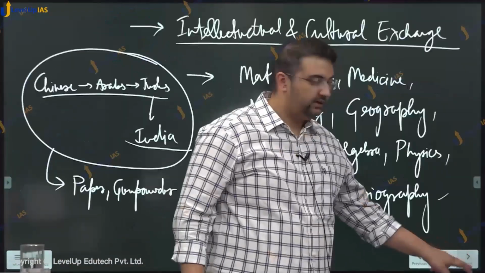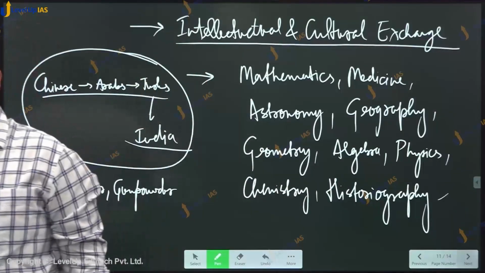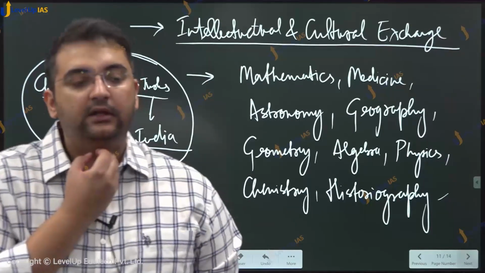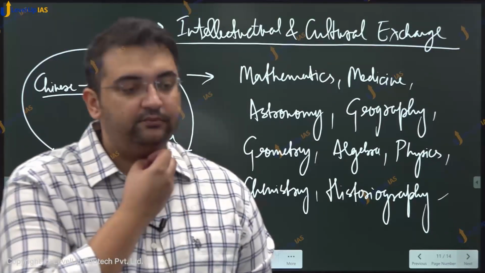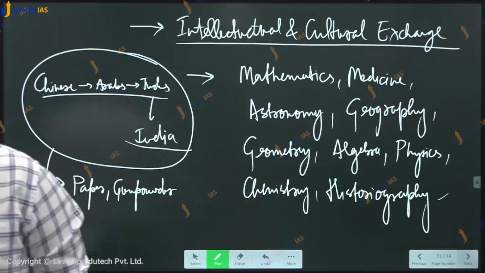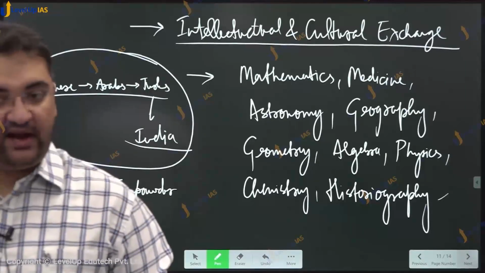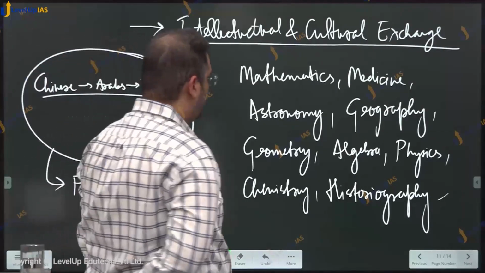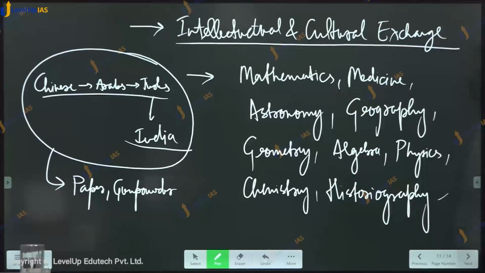Next main point, number 4. The trade networks revived by the Arabs also functioned as information superhighways, facilitating intellectual and cultural exchange.